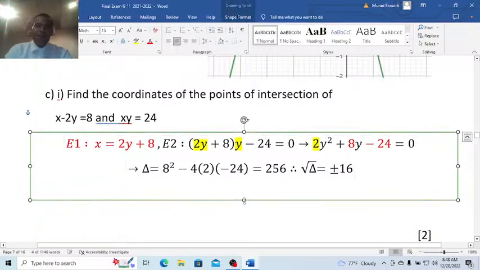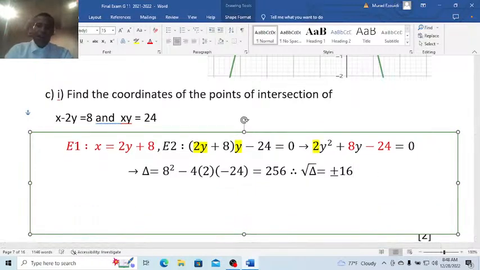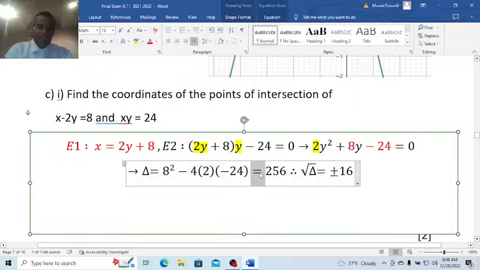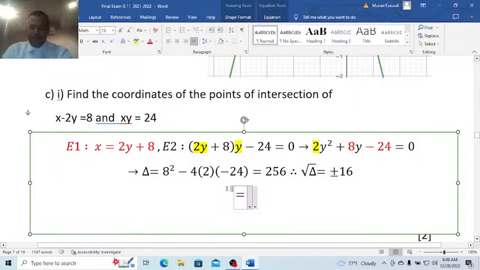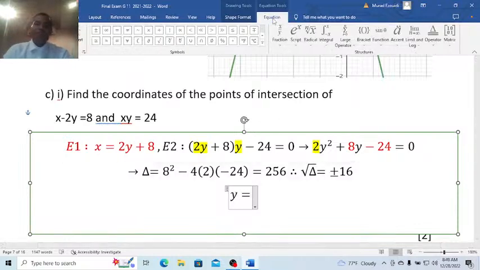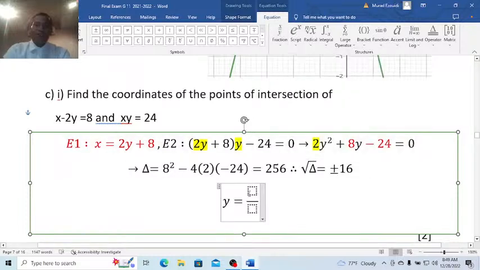Now I'll just expand this one. I will try to find the y value. Therefore, learners, y is equal to, because you have a quadratic equation in terms of y, the formula is minus b plus or minus the root of delta, divided by 2a.